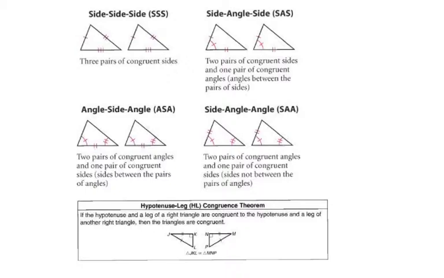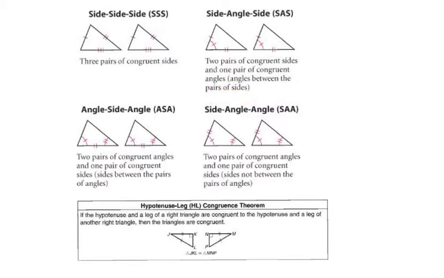The first one is side, side, side, which is SSS. That's their nickname for it. That's just saying I have 3 side pairs that are congruent. Side angle side, or SAS, is the fact that you have 2 side pairs with an included angle. How the angle's in the middle of the name is important because that means the angle is between the pair of sides.